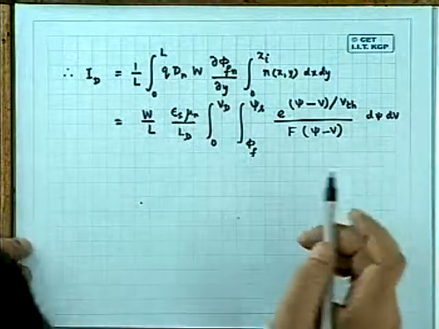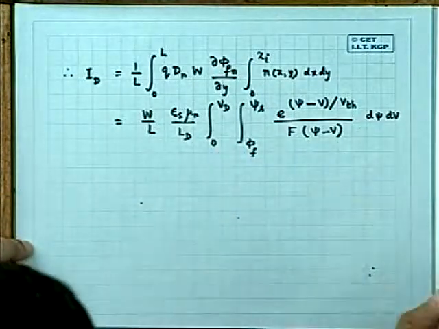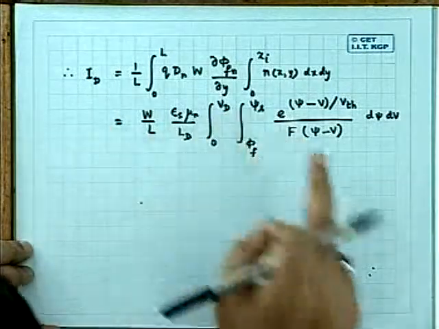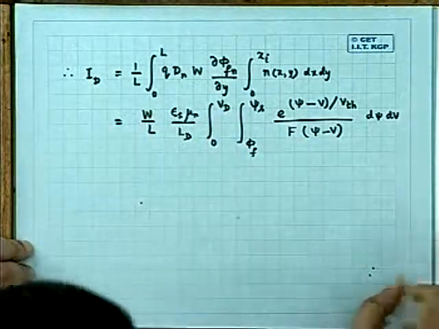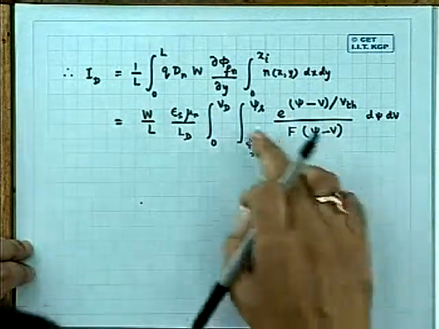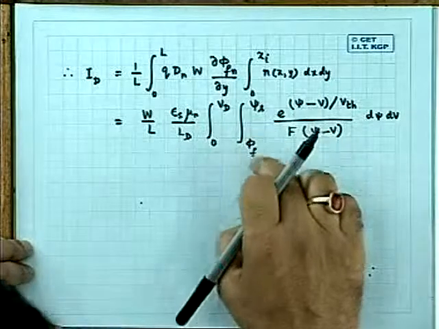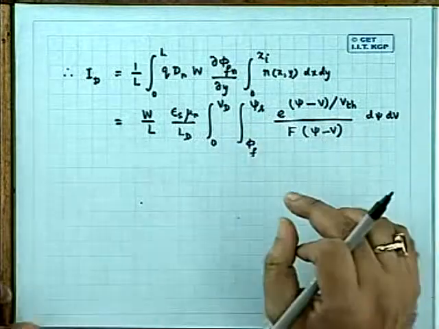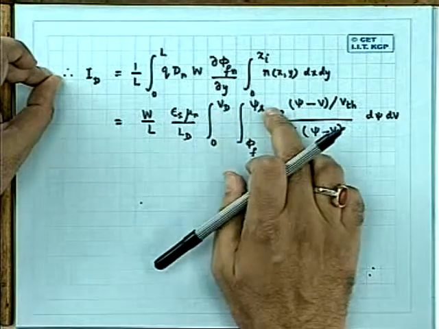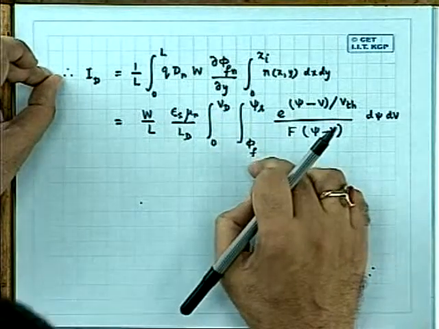where you know that ultimately after this integration what you get? I get it as a function of Vd and psi s and phi f. Because in these integrals, the definite integrals, the limits are Vd, 0 and psi s, phi f. So after doing this integration, I get it as a function of Vd, psi s and phi f.